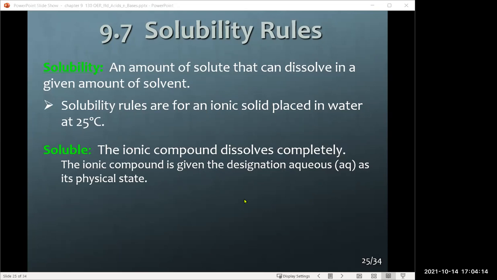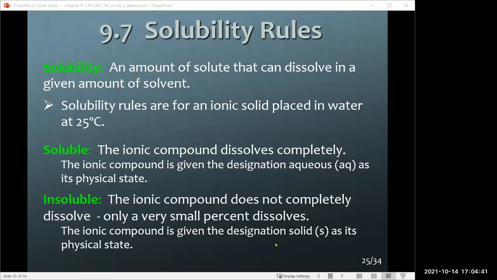Now, we're talking about ionic compounds here. If it's defined as soluble, then 100% of it dissolves completely. You go 100% into ionic form. Okay, and we designate AQ as its physical state, because we're talking about an ionic compound in water, which makes it an aqueous solution. If it is insoluble, its physical state is the letter S for a solid.